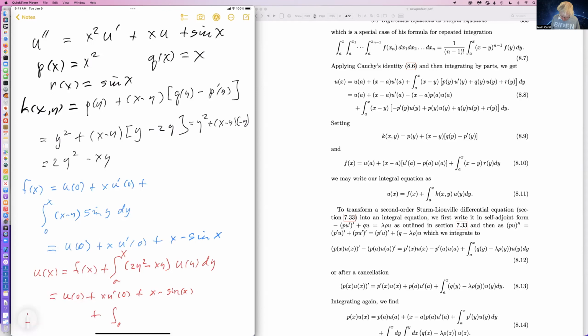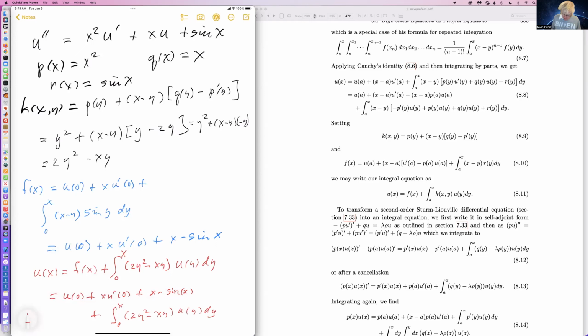So over here, what we actually have is 0. And so here we have the integral from 0 to x of 2y squared minus xy, u of y dy.